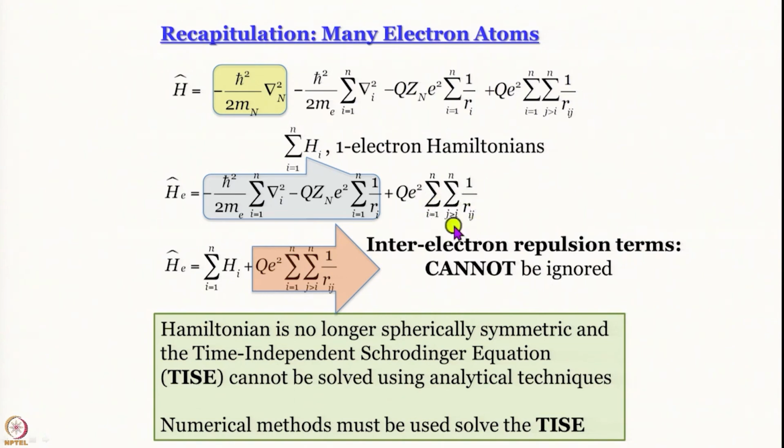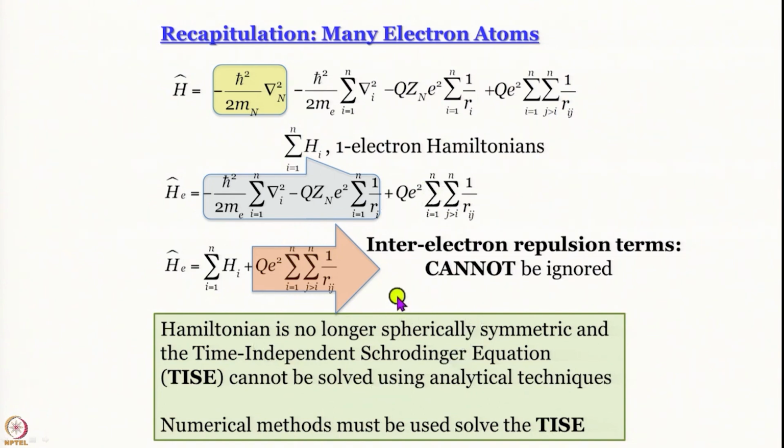We are taking pairwise repulsions here. So, there are n number of electrons, so each will repel the other. So, the number of combinations of 2 that we could take is NC2. So, basically that number of terms will be there for this electron repulsion.